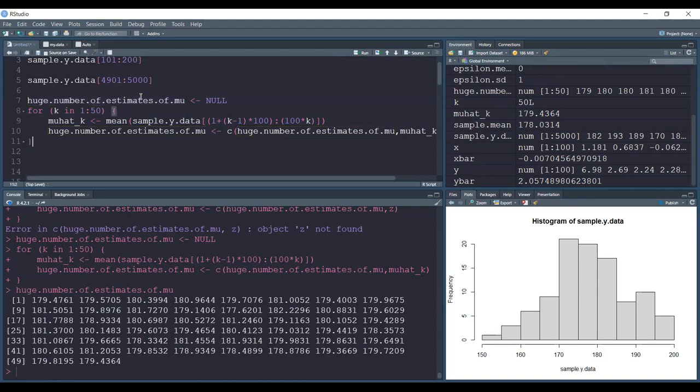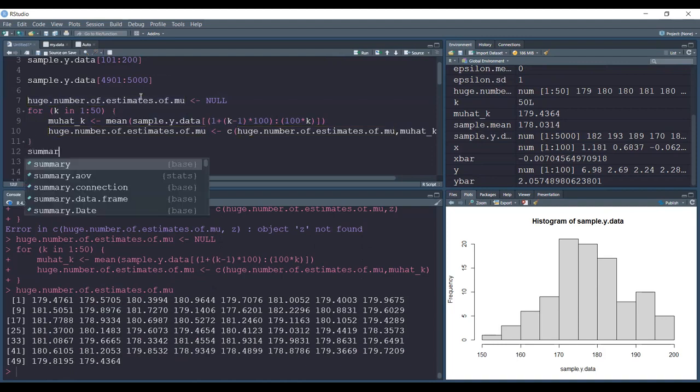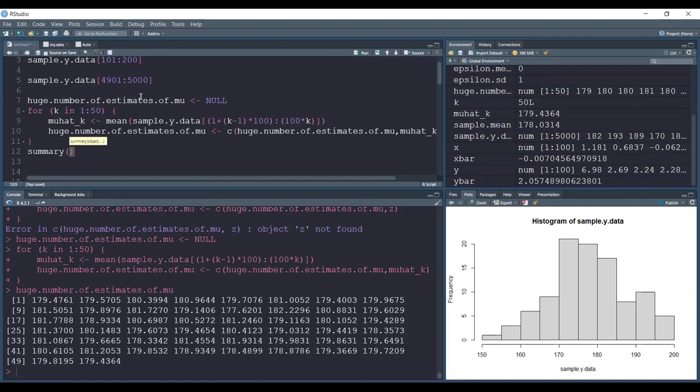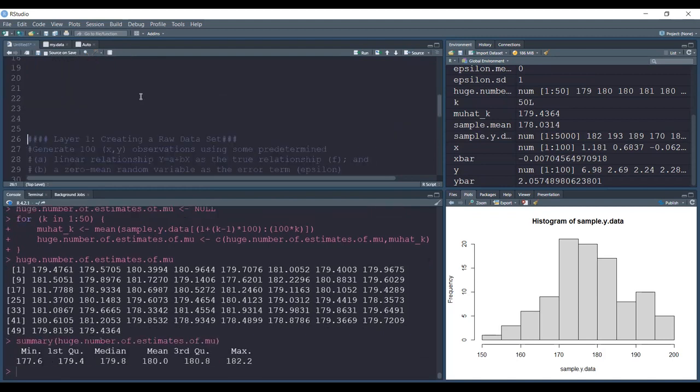Now, would you like to look at the summary of these estimates of mu? So look at the variability within our estimates. It's between 177.6 and 182.2. And isn't this just amazing?